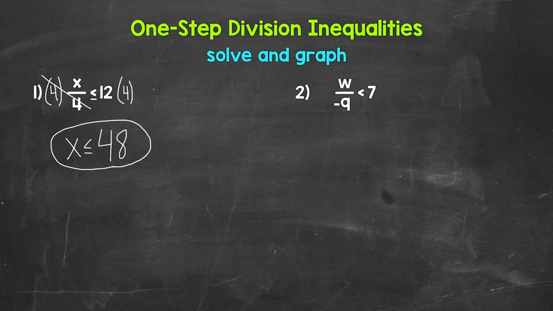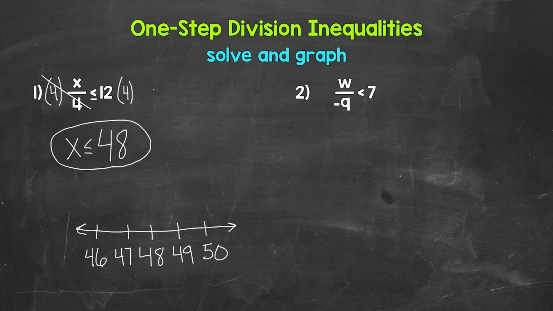And now we're ready to graph this. So we can start with a number line, and we will put 48 in the middle, and then a couple of numbers on both sides. So we have 46, 47, 48, 49, 50.